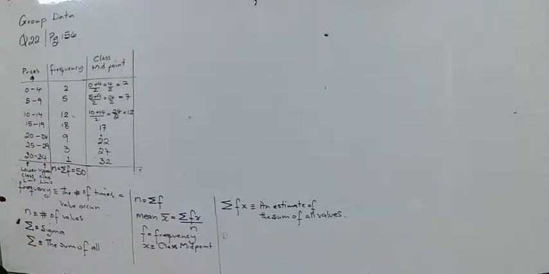It is an estimate. I don't know the cost of the lunches, but I need to calculate average, and I cannot calculate average unless I have a value. To fix the problem, I come up with the class midpoint, which is an estimate of the value in every class. For every group, the class midpoint is an estimate of the value.